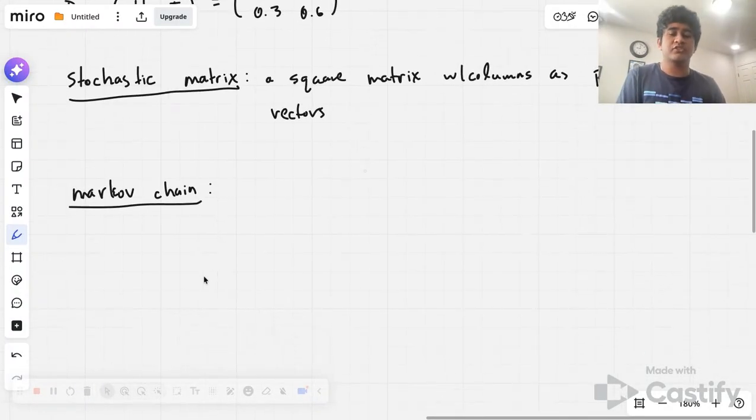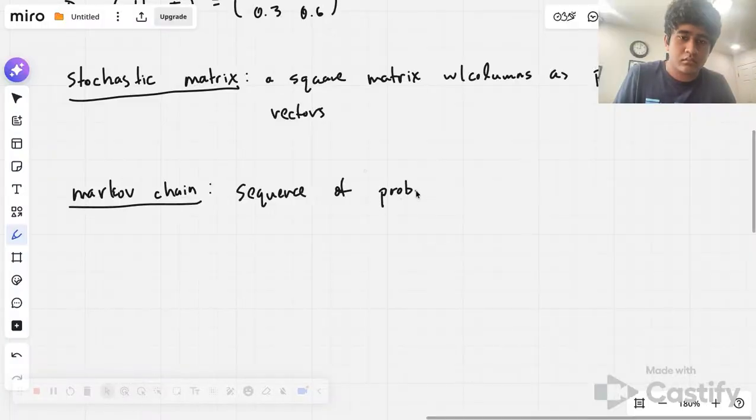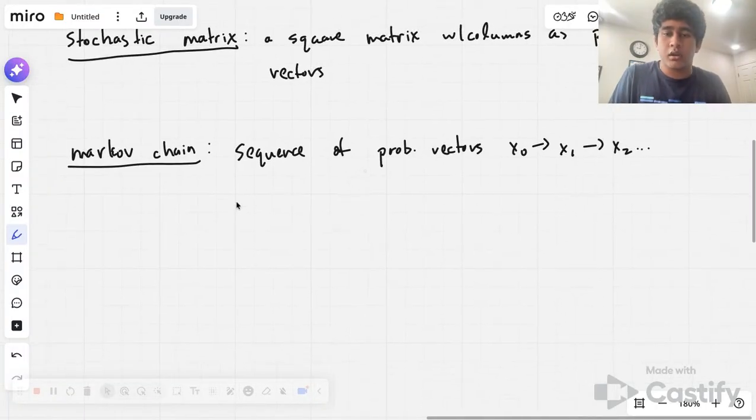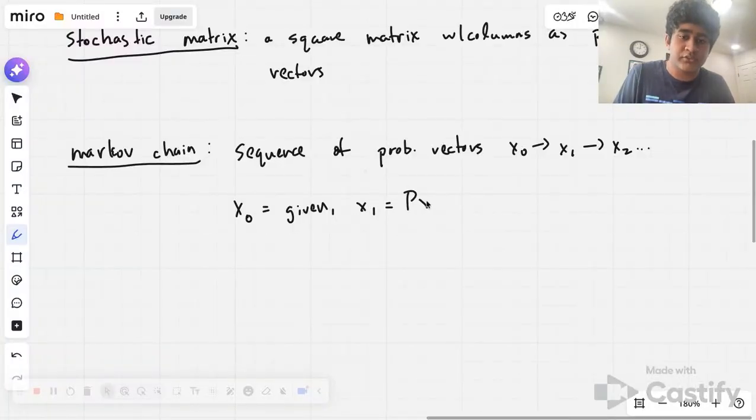A Markov chain is just a sequence of these probability vectors, right? x0, x1, x2, all the way up to some, like for us, x20, but it can go on for as long as you want, where x naught is given, but x1 is actually P, which is a stochastic matrix or rule matrix, times x naught.